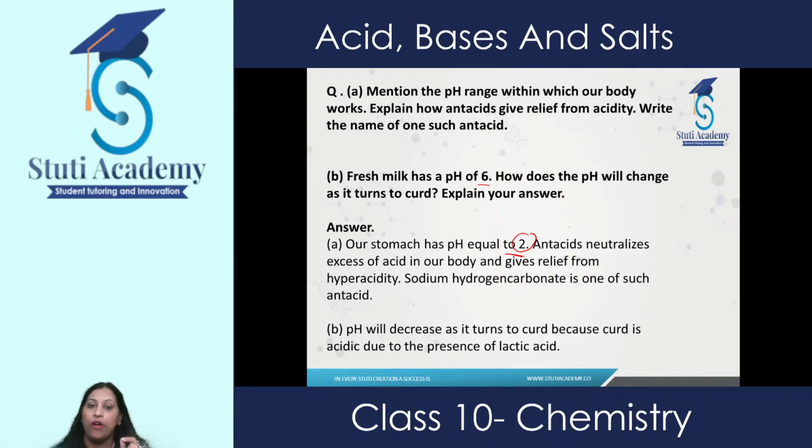So pH of the milk decreases when it converts from milk to curd, due to the presence of lactic acid in it. So when we convert milk into curd, the pH of milk decreases, which results in the formation of curd due to the presence of this lactic acid.